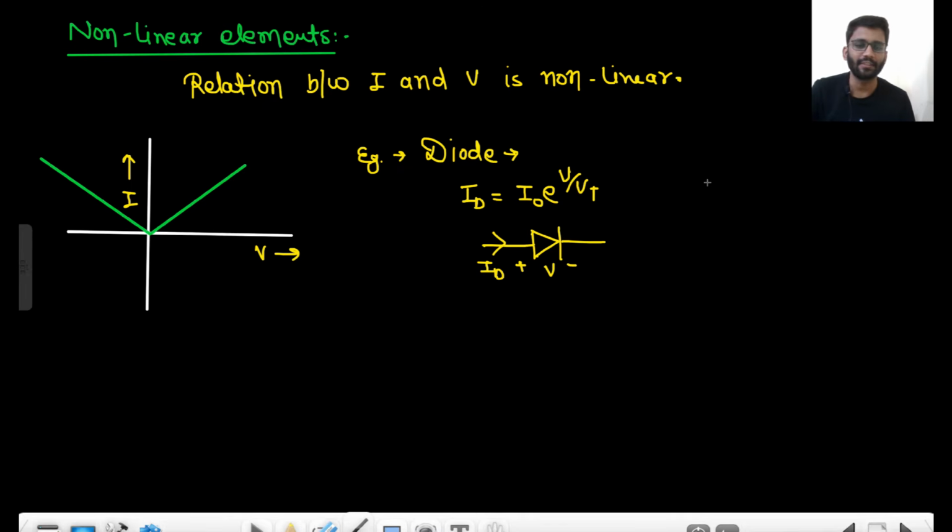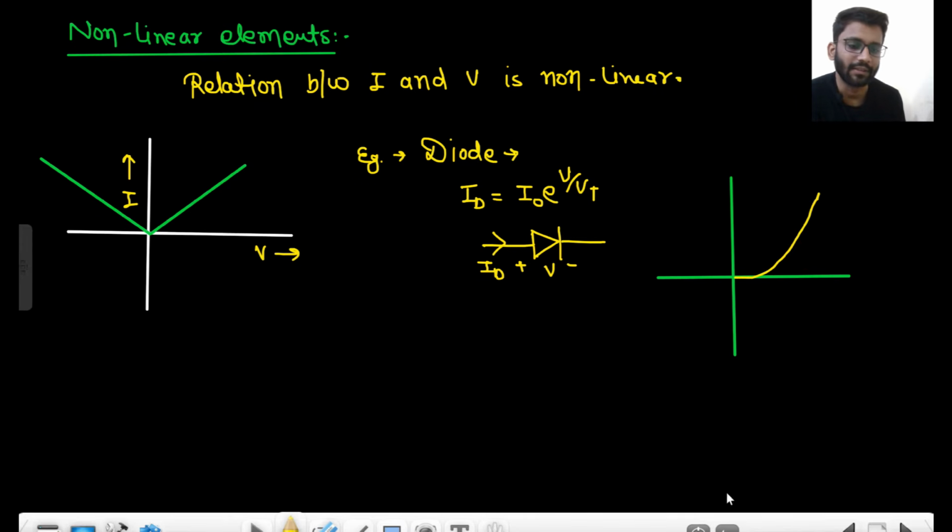So if we make the IV characteristic of a diode, how does it look? It looks something like this. It will be 0, then it will go on like this. Okay, so this is basically ID versus voltage.